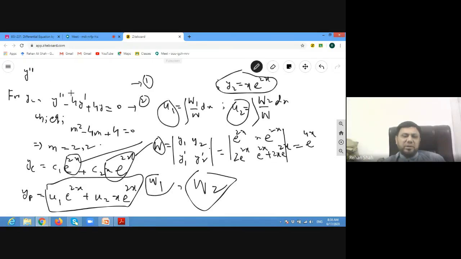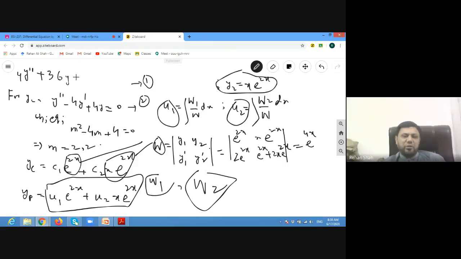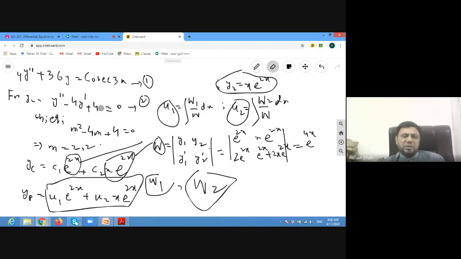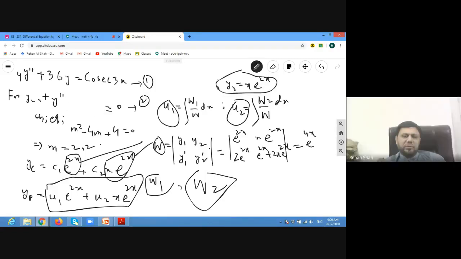This is 4y double dash plus 36y equal to cosecant of 3x. The characteristic equation is 4m square plus 36m... sorry, 4m square plus 36 is equal to 0. That is, 4y double dash plus 36y is equal to 0.